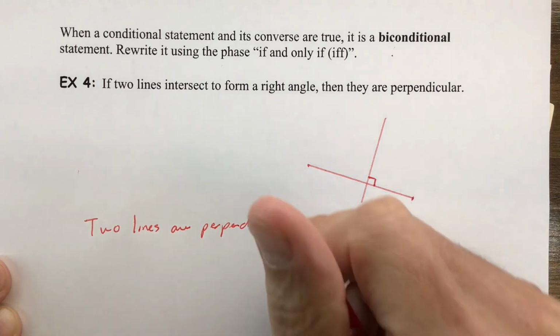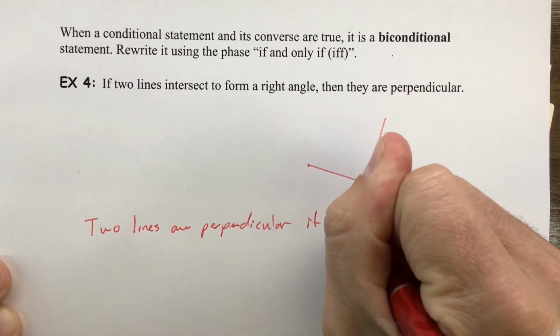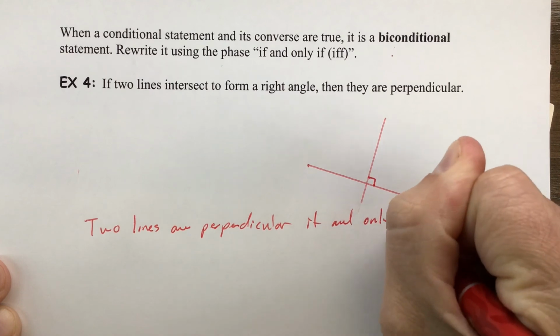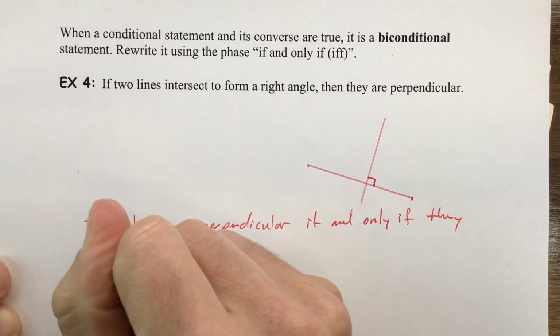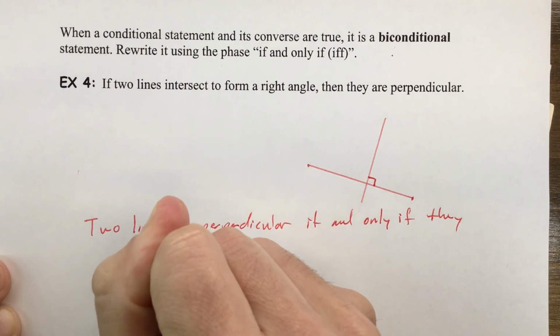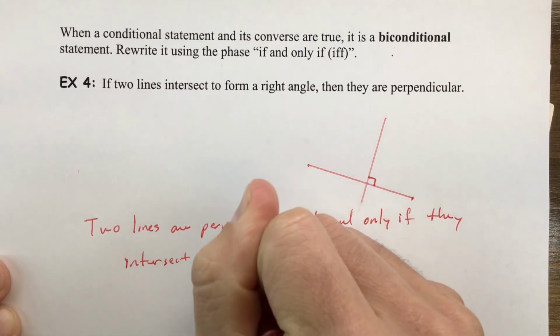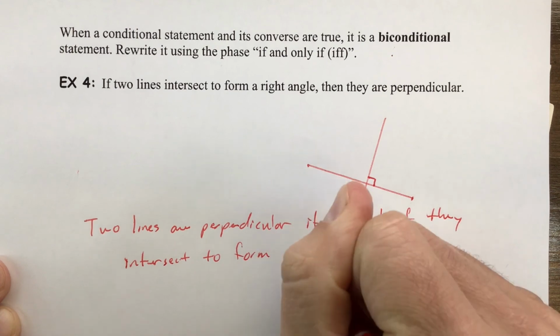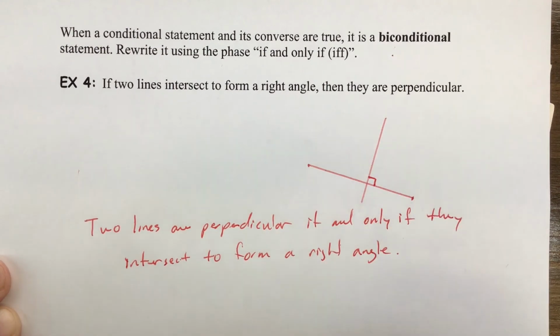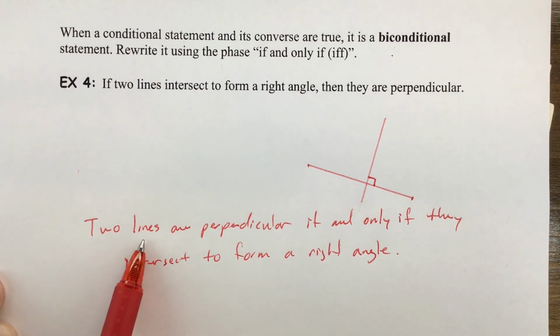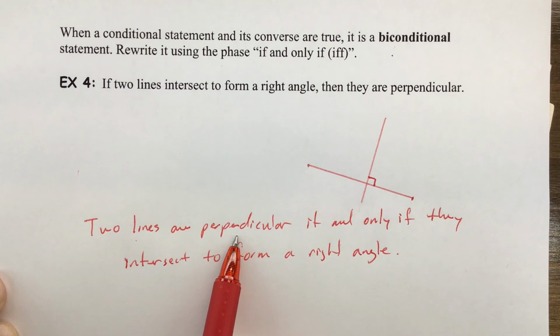I'll say two lines are perpendicular if and only if they intersect to form a right angle. All right, so I still got my subject here. Two lines are, there's my term, perpendicular, if and only if they intersect to form a right angle.